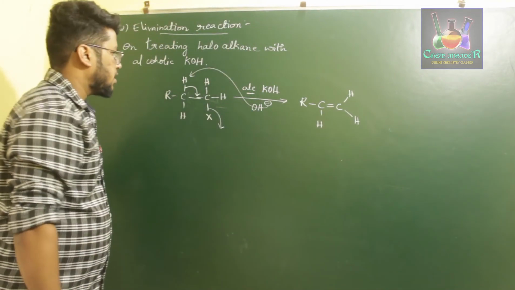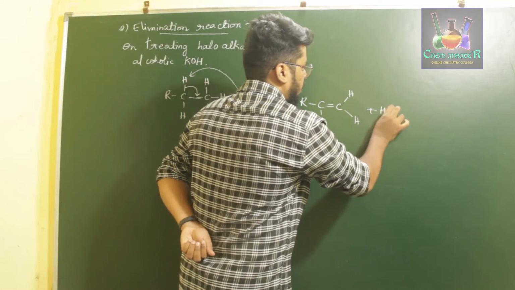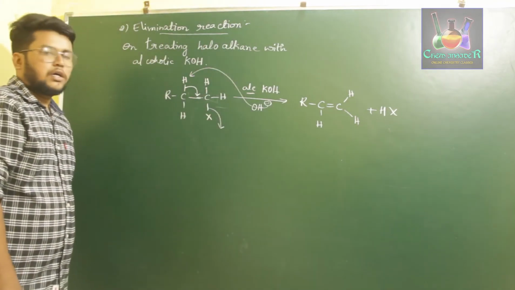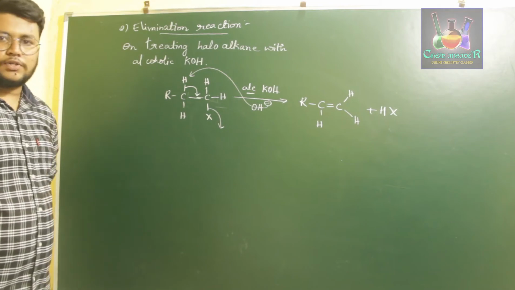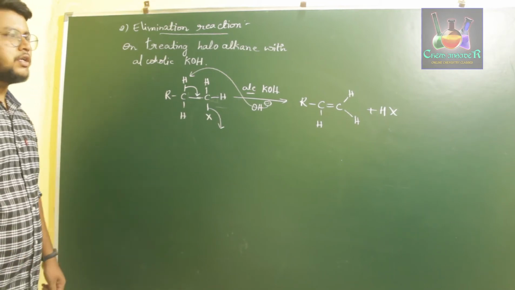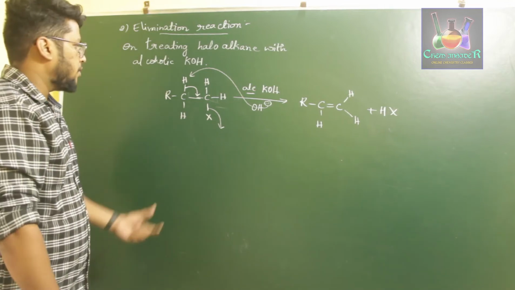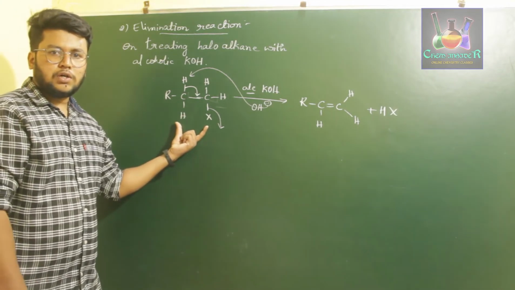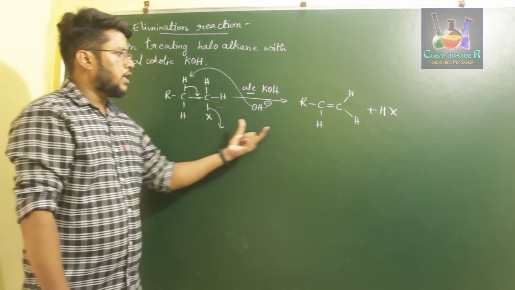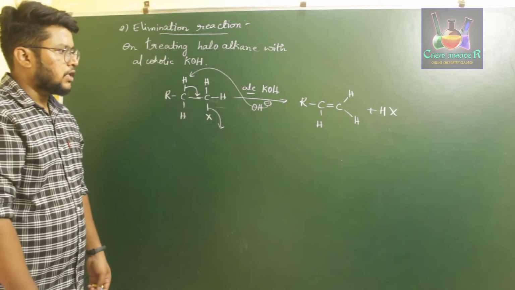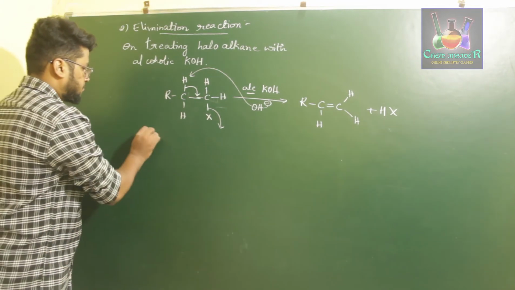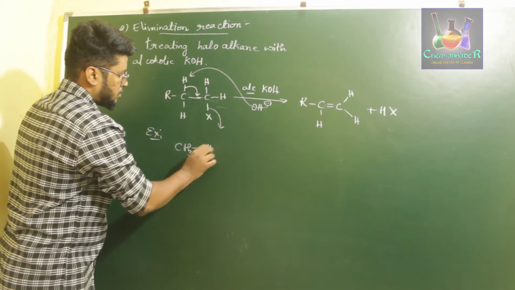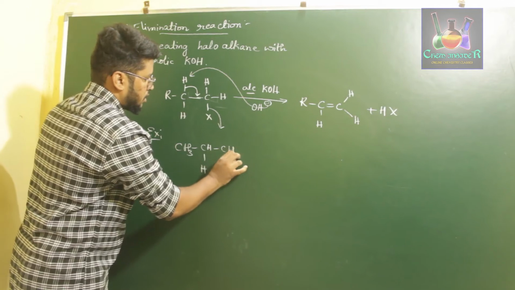So in general, when we treat a haloalkane which has alpha hydrogen with alcoholic potassium hydroxide, we get an alkene. We observe an elimination reaction where we get an alkene. Okay, so for example, let us say CH3, CH, H, CH2, Cl.